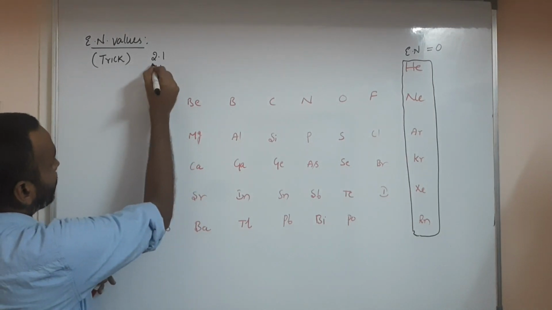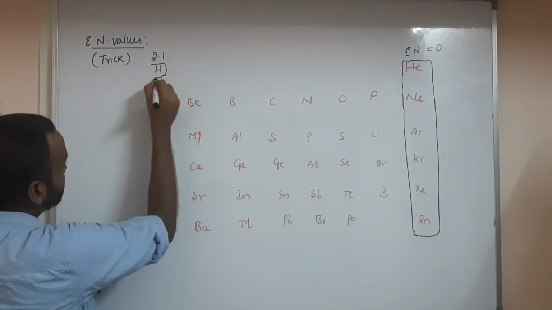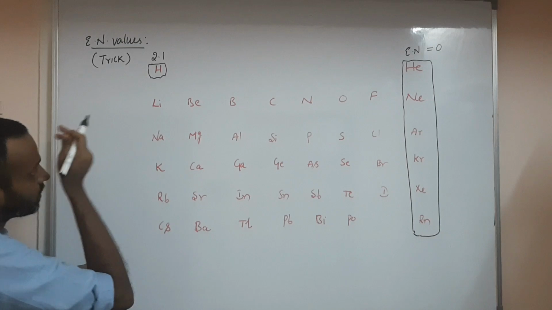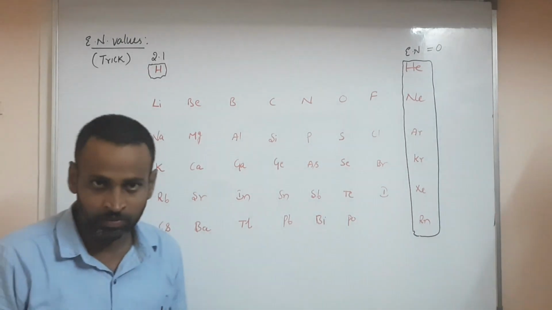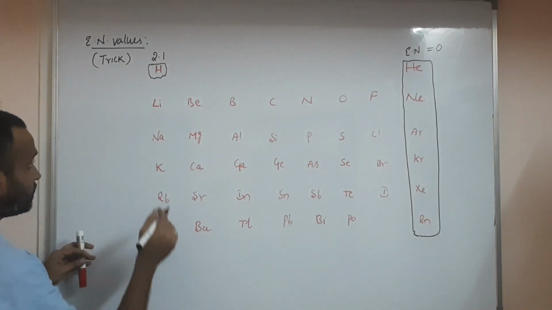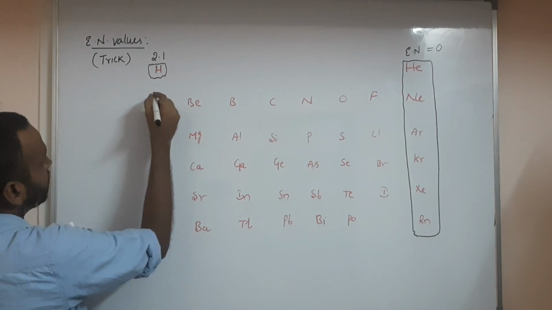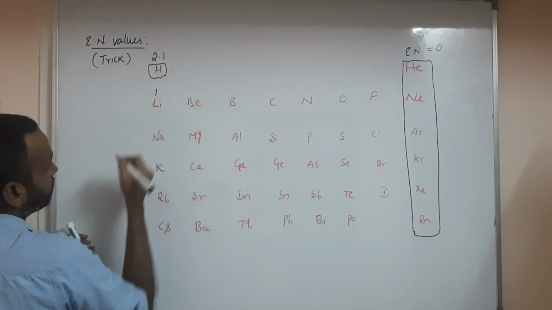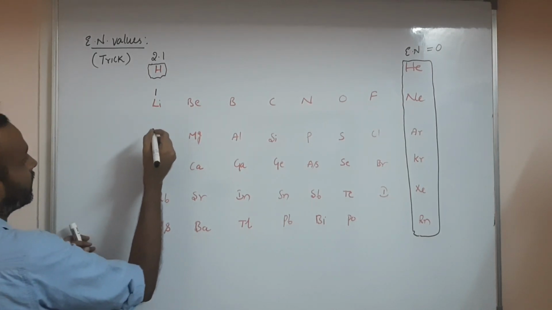And hydrogen is a reference atom, so hydrogen electronegativity is very important. Hydrogen is 2.1. Next, the most important: you have to take 1.